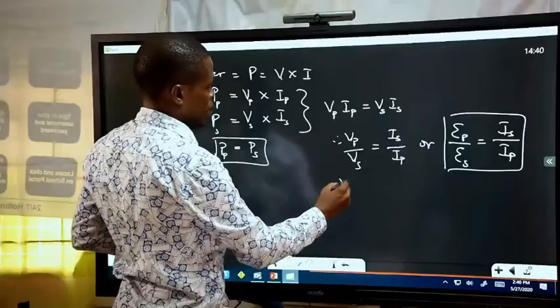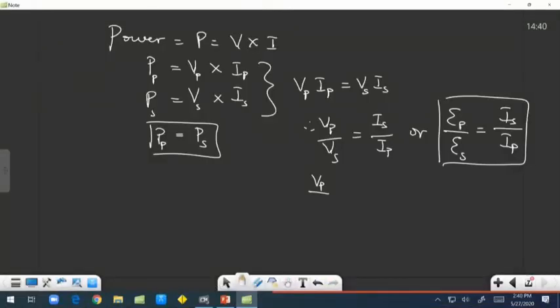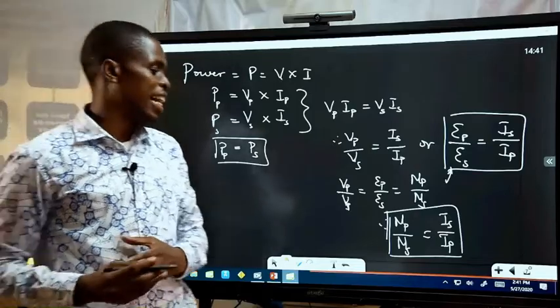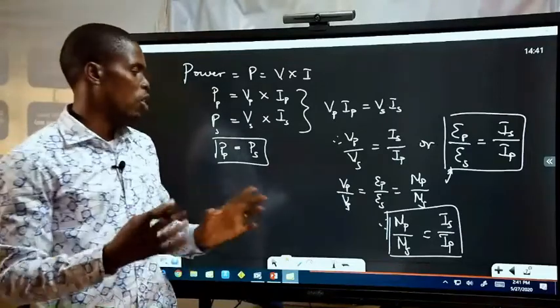Because we know that Vp over Vs, which is equal to Ep over Es, is equal to Np over Ns. Therefore, if we equate this into the equation, we have Np divided by Ns is equal to Is over Ip. With that, we can solve a relationship between current and number of turns of the coil.